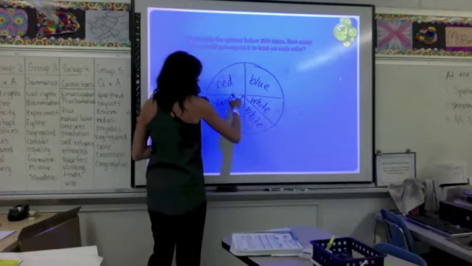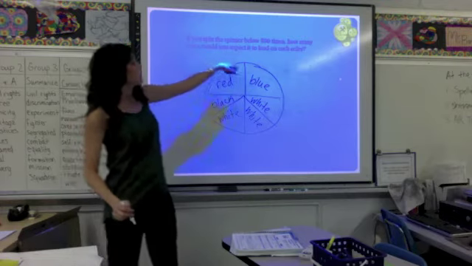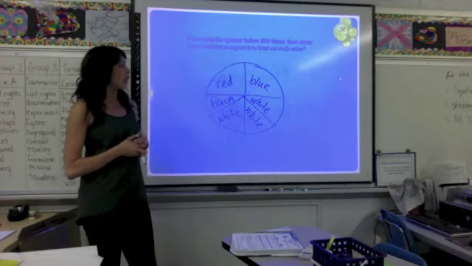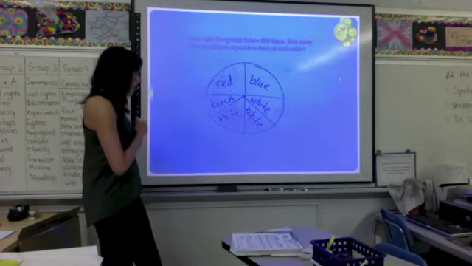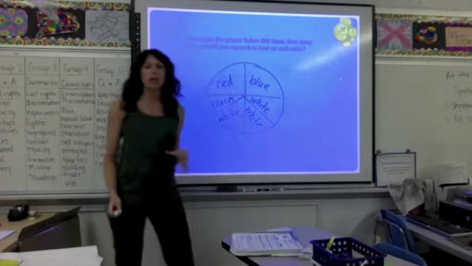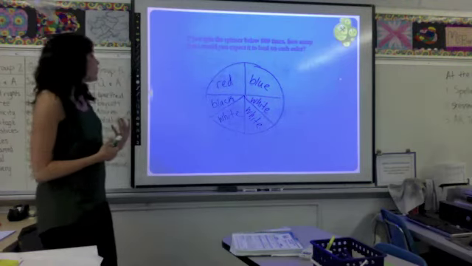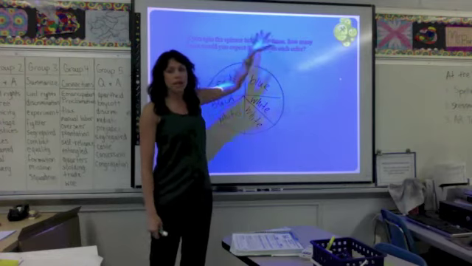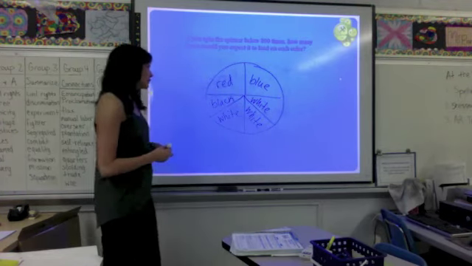Okay. All right. If you spin the spinner below 800 times, how many times would you expect it to land on each color? So I'm going to help you with the first part. We're going to find the fraction that each color represents, and then all you have to do is figure out how many times out of 800 it would land on each of these colors.